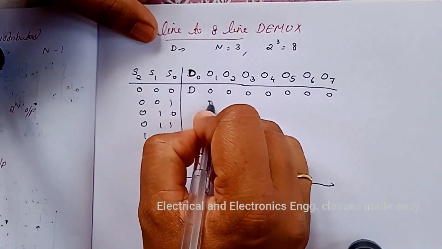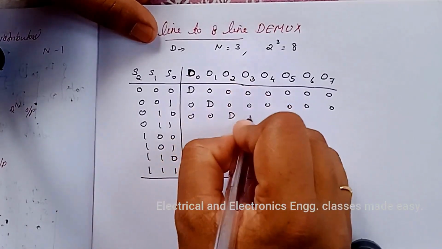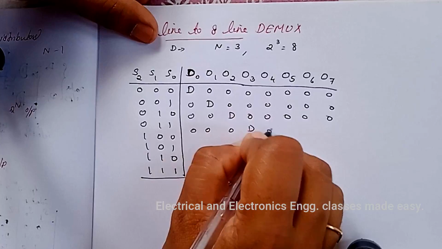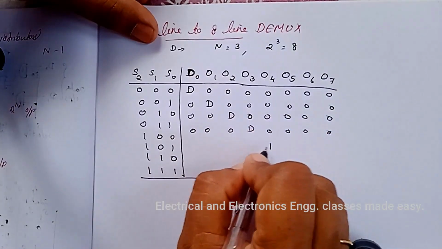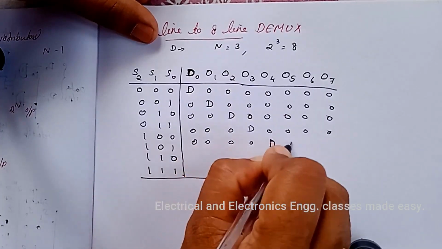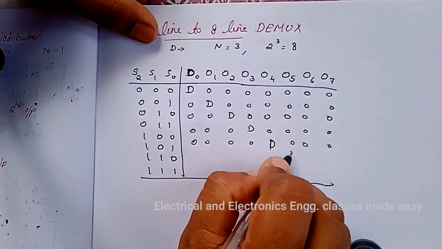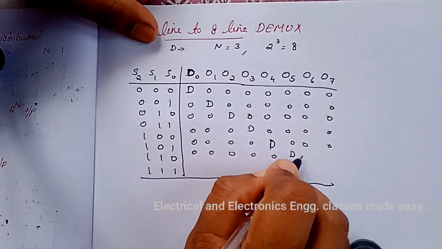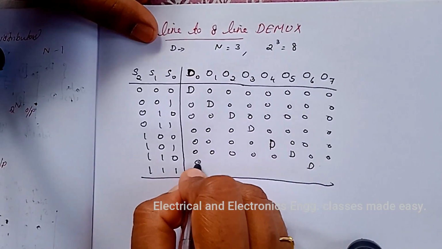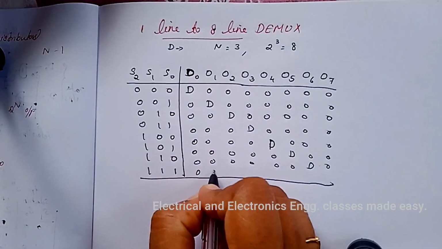And the second case O1, third case O2, then O3, then O4, all others are inactivated, then O5, O6, and last one O7.